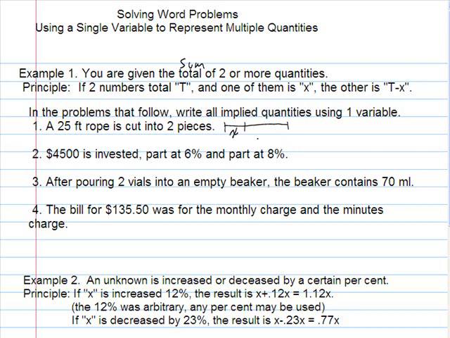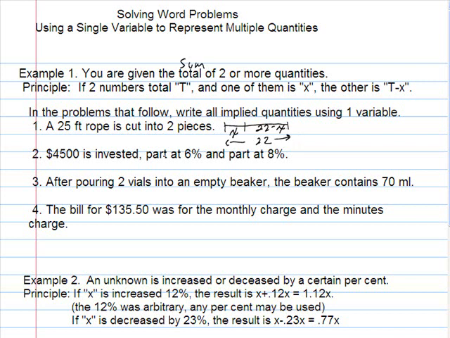Let's say the rope is 22 feet. That's just a number I pulled out of the air. Suppose you have a rope that's 22 feet long, you cut it into 2 pieces, and you want to represent the length of the 2 pieces. The principle says if 2 numbers total 22 and one of them is X, the other one would be 22 minus X. So this second piece would be 22 minus X.